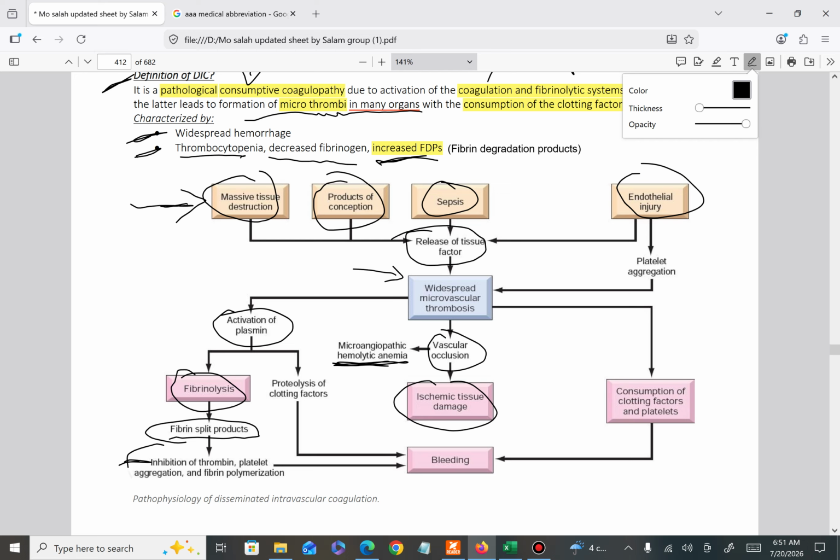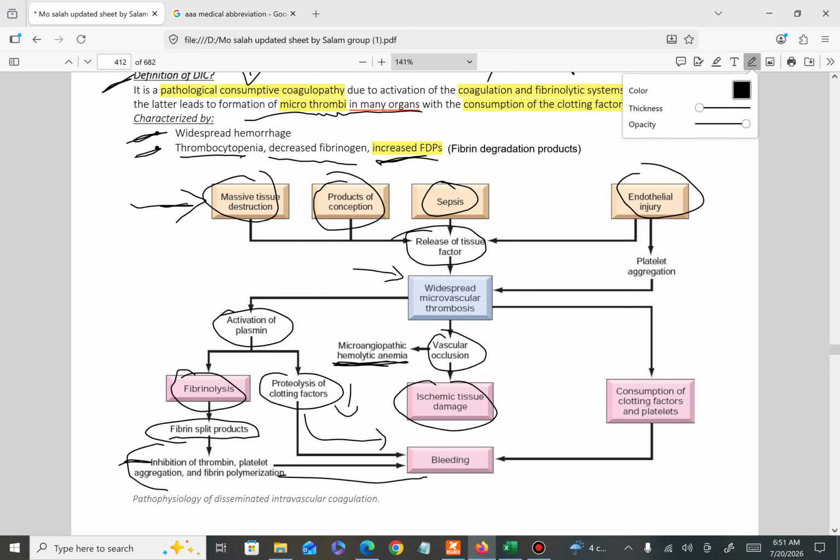Inhibition of thrombin, platelets, and fibrin polymerization can lead to bleeding. Activation of plasmin also causes proteolysis of the clotting factors. So when there is decreased clotting factor, it can also lead to bleeding.